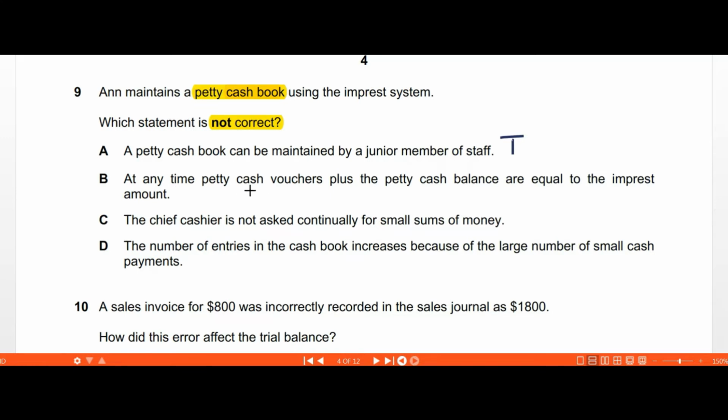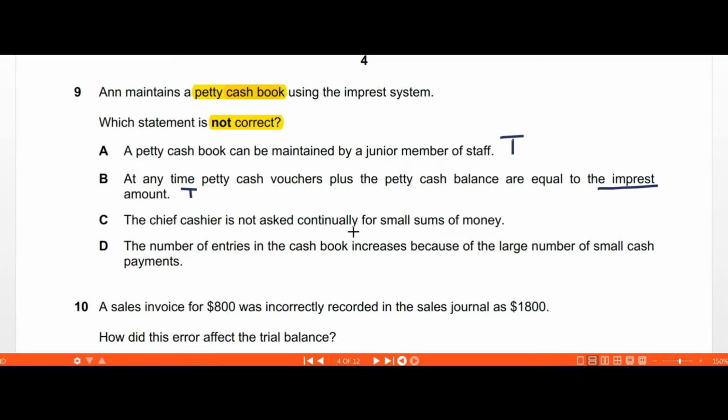B, at any time, petty cash vouchers plus the petty cash balance are equal to the imprest amount. Well, that's what the imprest system actually is, because that is like a running total. So at all times this will be equal to the vouchers and the petty cash balance. So again, this is also true. C, the chief cashier is not asked continually for small sums of money.